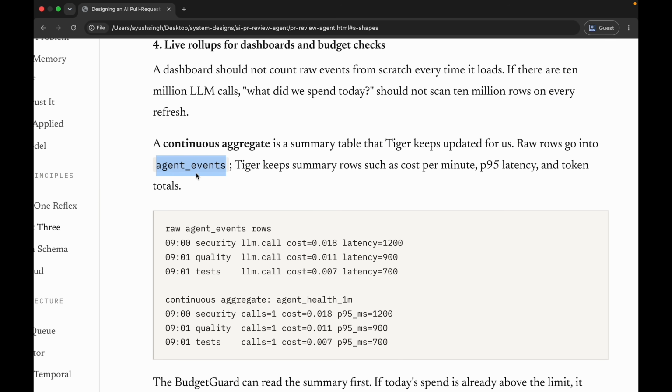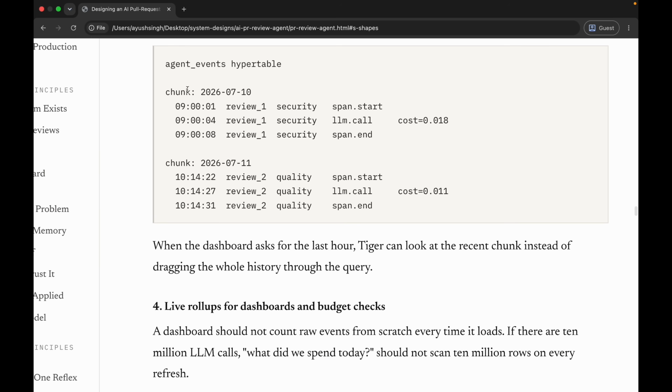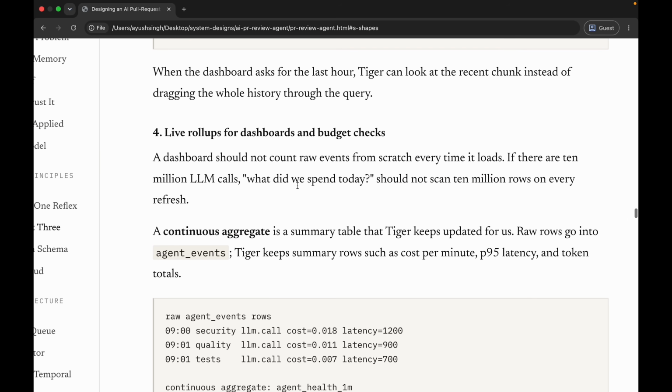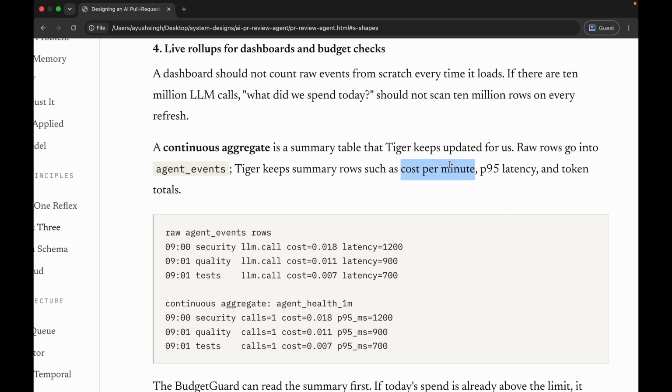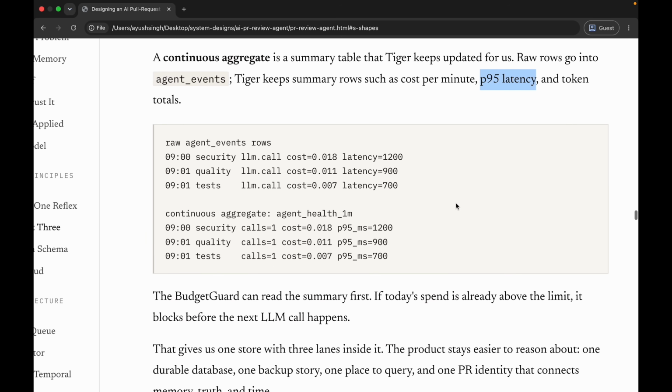The raw rows go into agent events, which becomes super big, in millions and billions of rows. We should not scan it all to figure out how much we spent. Instead, we have this continuous aggregate over periods of time, such as cost per minute, the P95 latency, the total tokens, or any such metric you want to store.